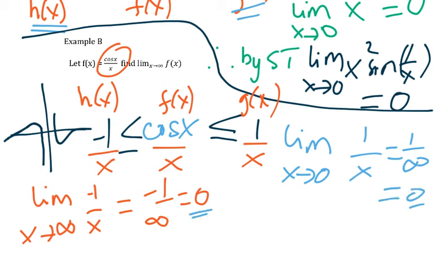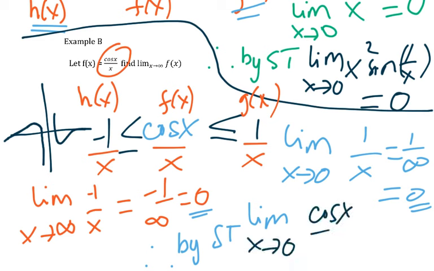Because the left side and the right side both have limit 0, we can conclude by the sandwich theorem that the limit as x approaches infinity of cosine of x over x is also 0. Also, that should be infinity, not 0, in the limit.